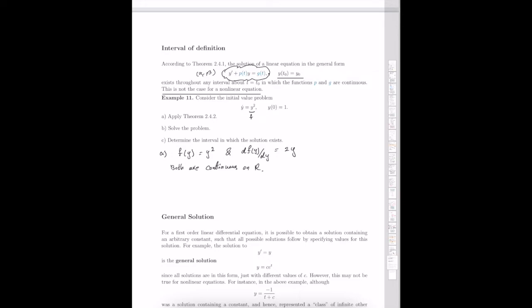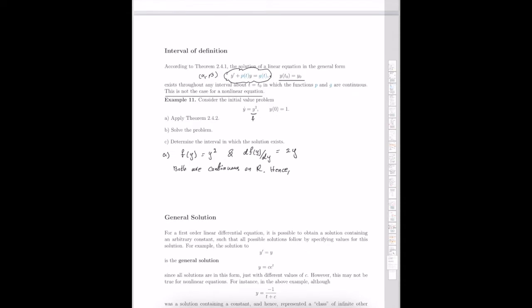So therefore, the theorem guarantees that a unique solution exists on some interval around, this is x0, this is y0 again, around minus h to h.